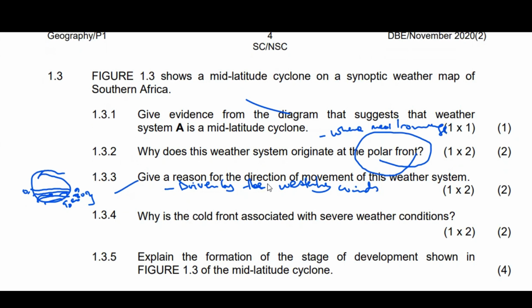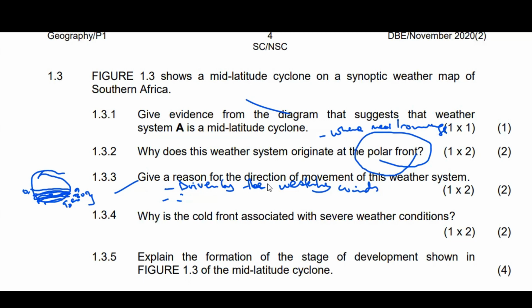However, someone can also say that because of its location, look at its location. This belt here is within the westerly belt. This is what we call the westerly belt here. If this is the westerly belt, how are the winds moving in the westerly belt? They move from west to east, meaning that whatever is here, it's like you sitting in a bus that is going in the easterly direction or eastward.